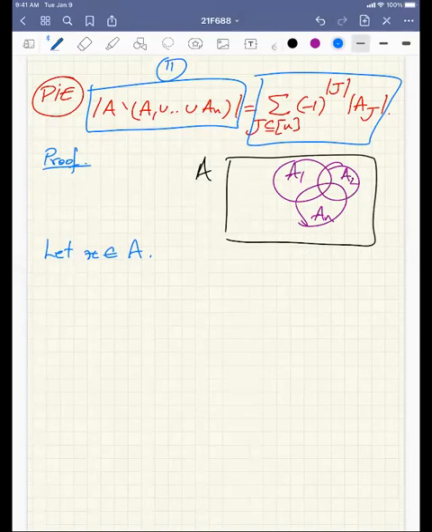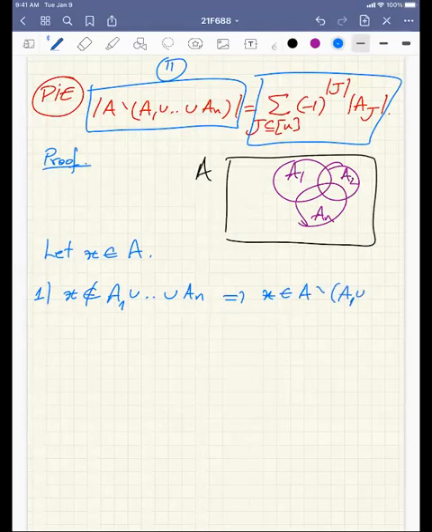More precisely, so we have two cases. If X does not belong to A1 union AN, so that's the first case, then clearly X belongs to A minus A1 union AN. So X is somewhere here.